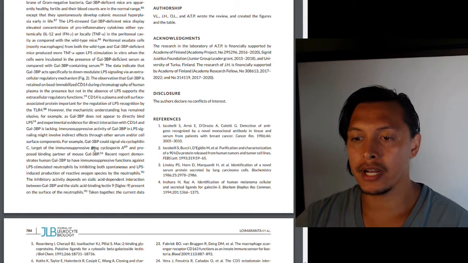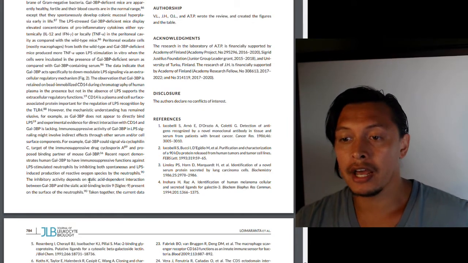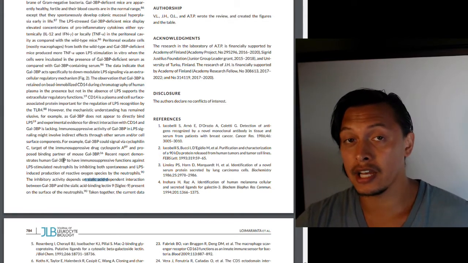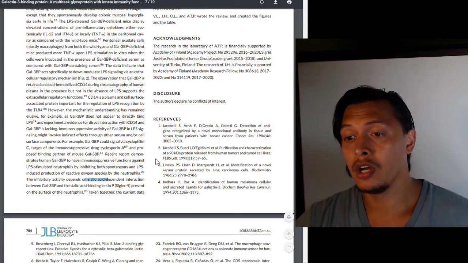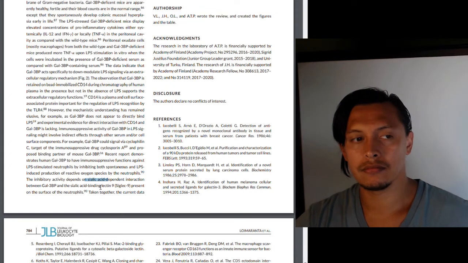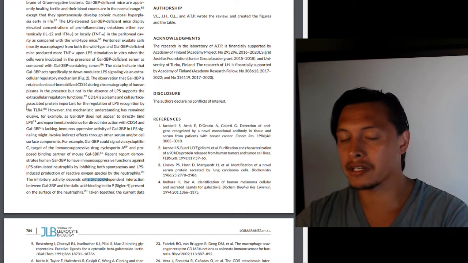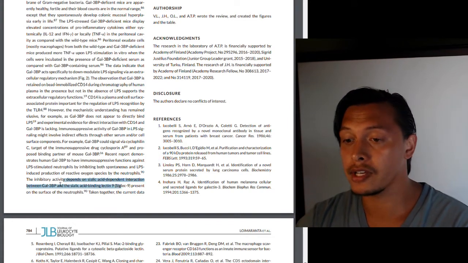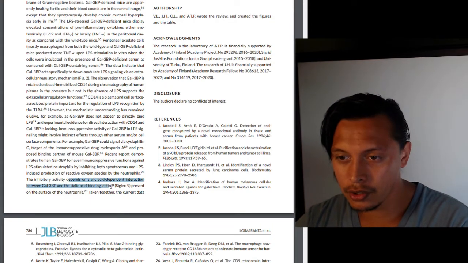So the inhibitory activity depends on the sialic-dependent interaction between, and remember, sialic acid, this is one of the glycosylation events that has taken place on one of the N-terminal parts of the... N-terminal is the beginning. Oh man, I keep on mixing up N and C terminals, but remember, the sialic acid is part of this in some way.